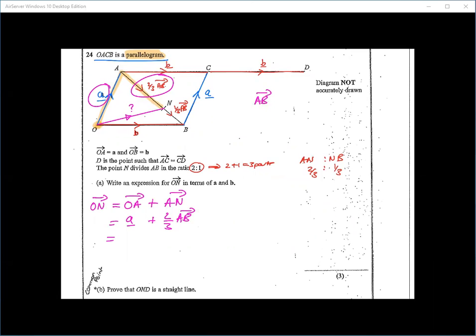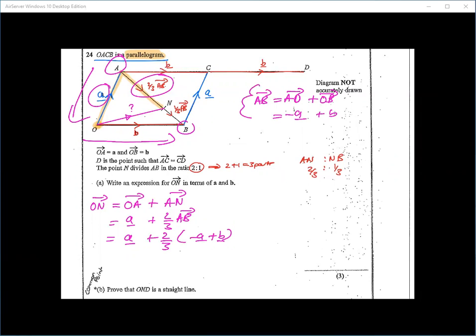A to B: if I want to go from A to B, I've got to go A to O and then O to B. So it's minus A, add B. We're going the opposite direction of A. So it's A plus 2/3 of (minus A plus B). Is that right? So we just worked that out over there. So don't feel like you've got something missing.